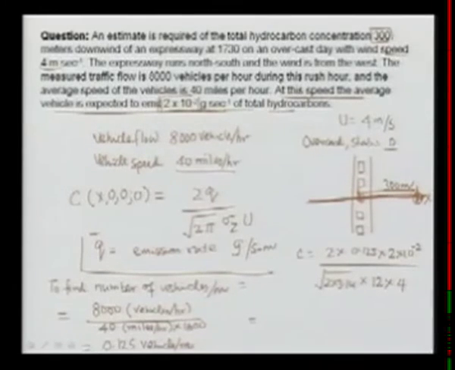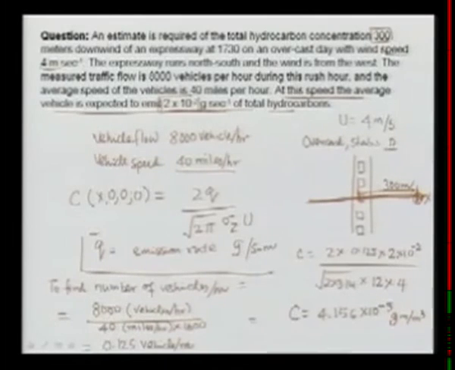Well, it comes out to be 4.156. C equals 4.156 into 10 to the power minus 5 grams per meter cube.